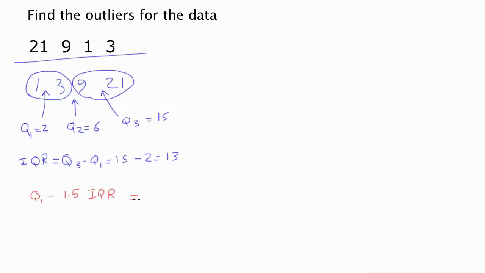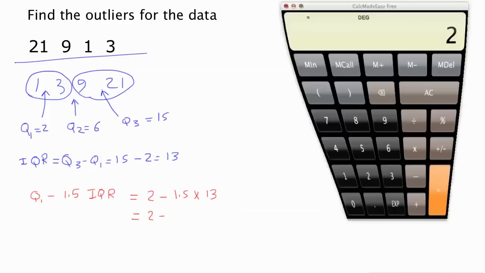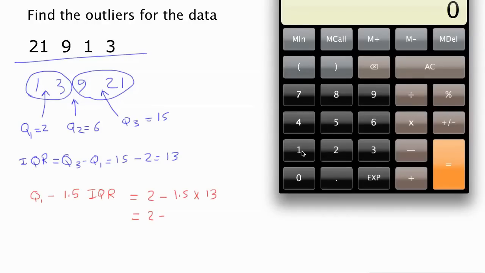And in this case, Q1 is equal to 2, and 1.5 should be multiplied first by IQR, which is 13, because multiplication should happen before subtraction. So this is equal to 2 minus 13 times 1.5, which equals 19.5.